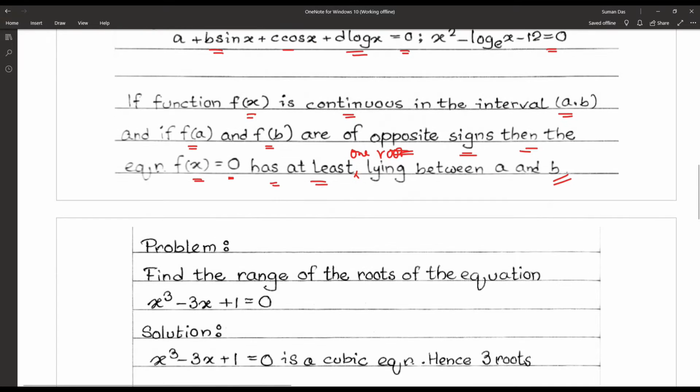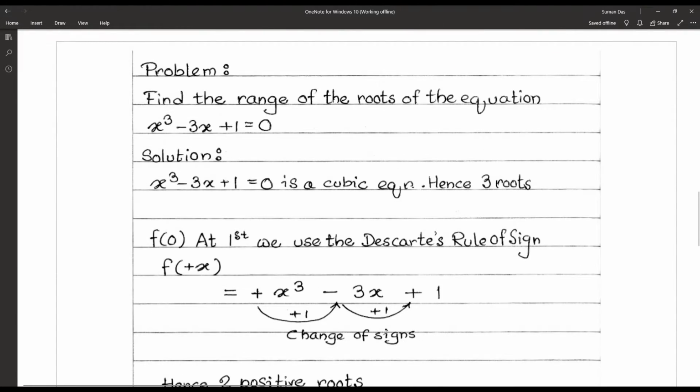Let us suppose an example of the total problem, and here at first we will find how many positive roots and how many negative roots there are, then what range the roots lie in. Suppose that is an algebraic equation, x cube minus 3x plus 1 is equal to 0.